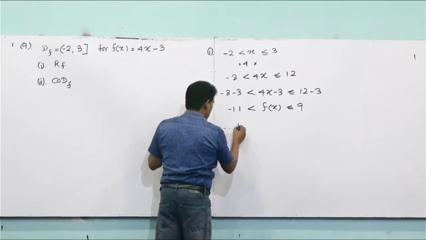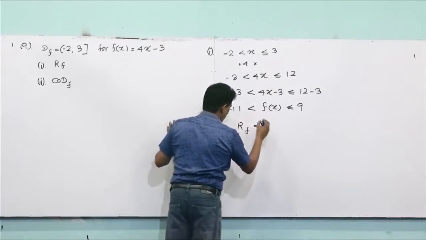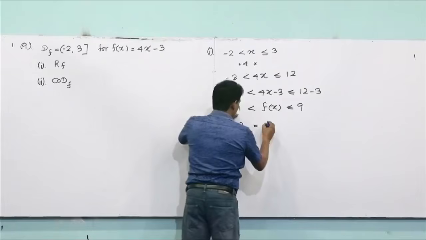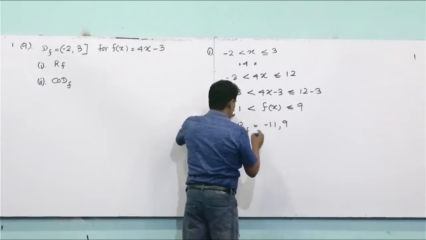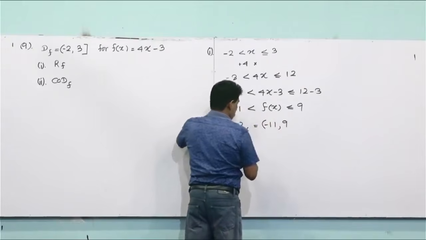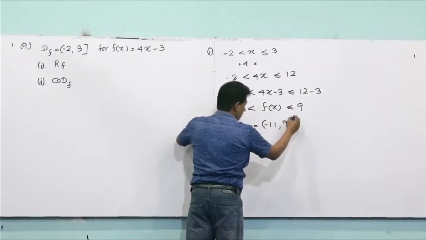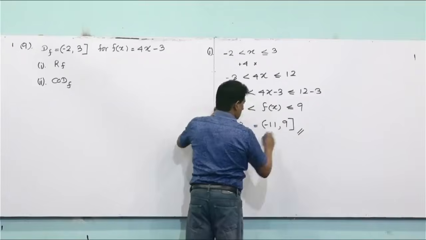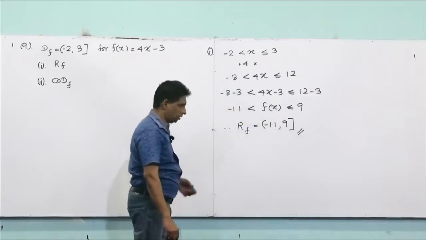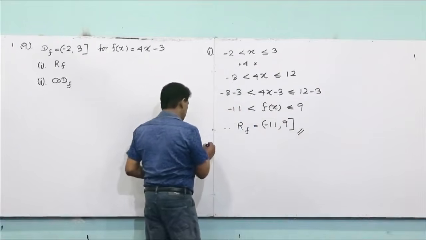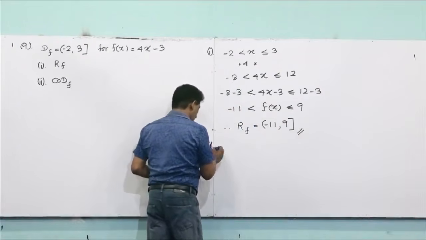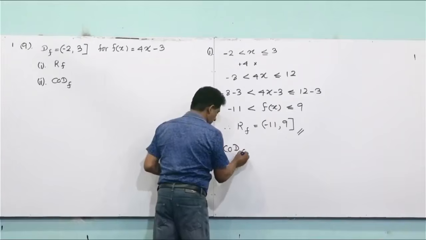Now we can write down the range. Minus 11 comma positive 9. Minus 11 is not included, so normal bracket. Positive 9 is included, so near 9 it should be a square bracket, right? This is the range. Then how can we write the codomain of f?